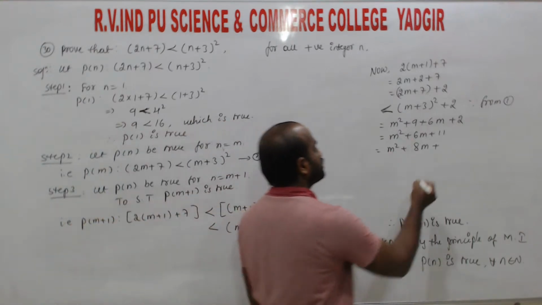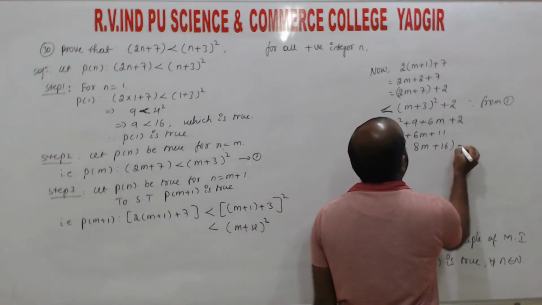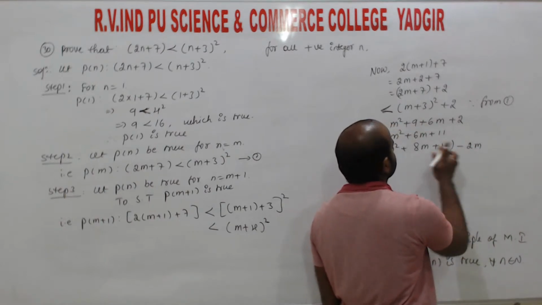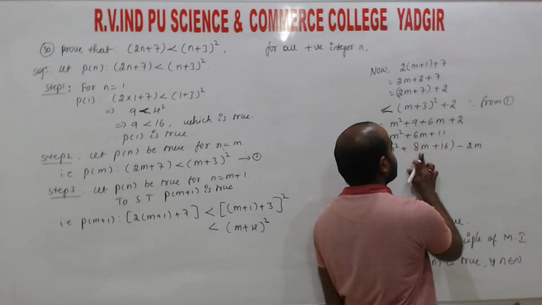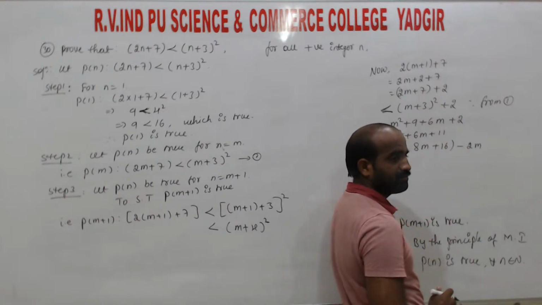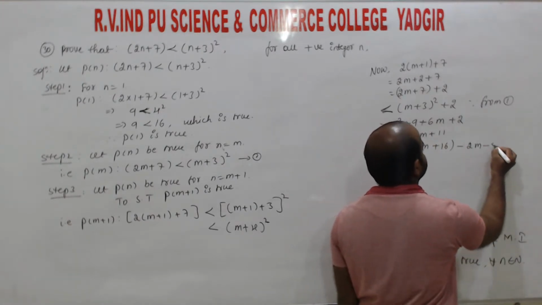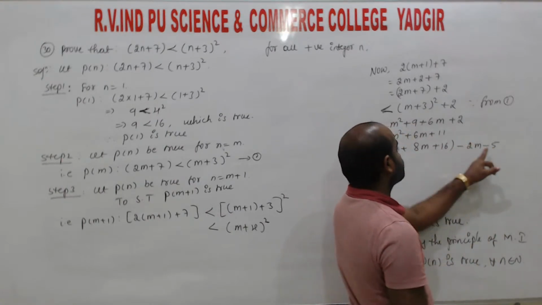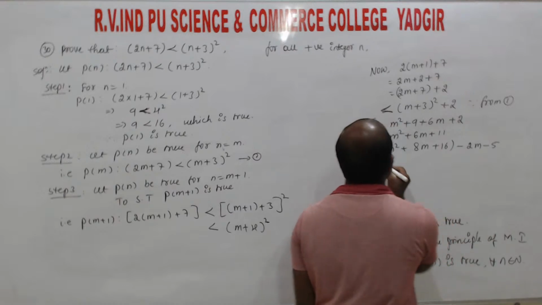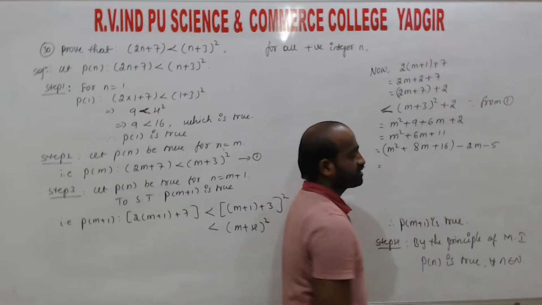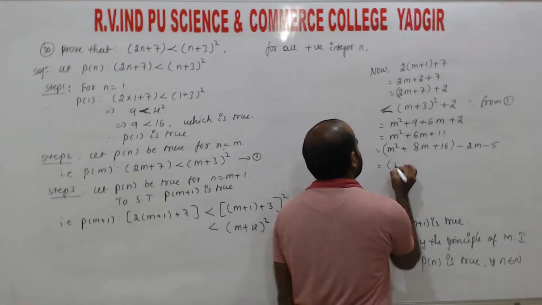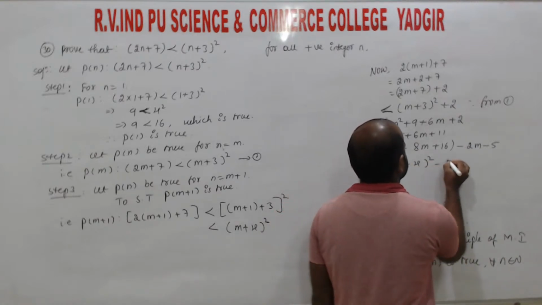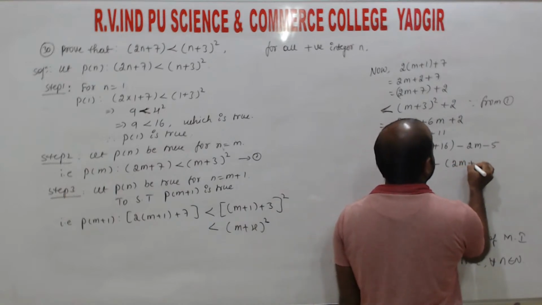Now 8m minus 2m, 6m. Next 16 minus 5, 11. These first three terms can be written as m plus 4 whole square minus 2m plus 5.